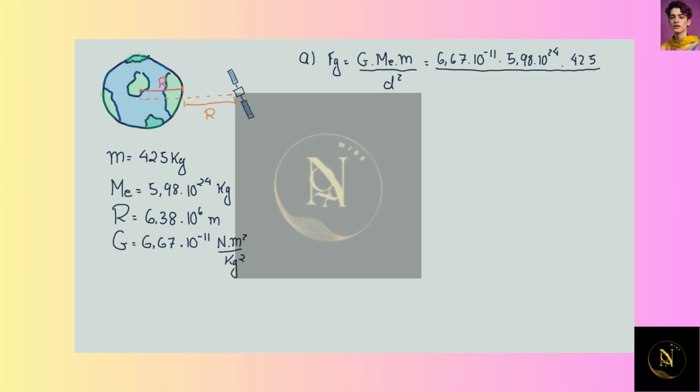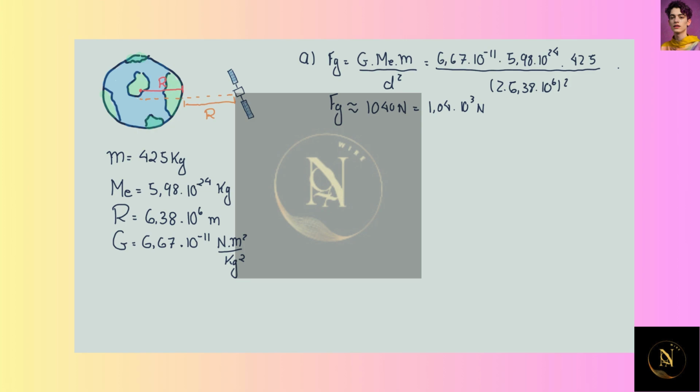And this distance is given by 2 times the radius of the Earth. Then we have 2 times 6.38 times 10 to the 6 squared, and this results in a gravitational force of approximately 1040 newtons, which we can write as 1.04 times 10 to the third newtons.